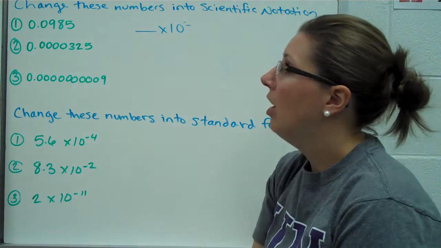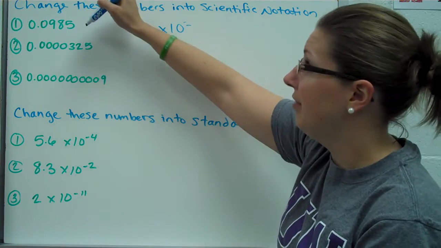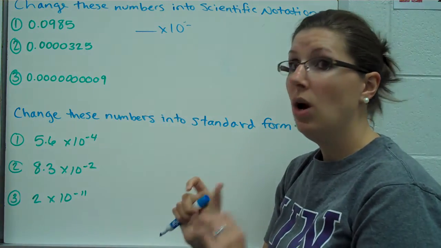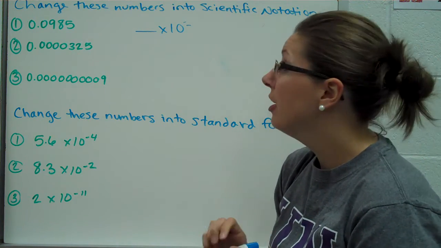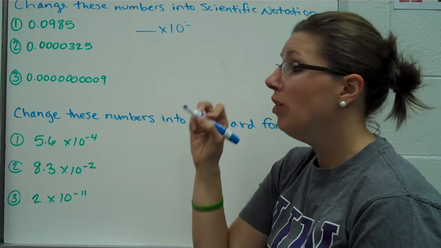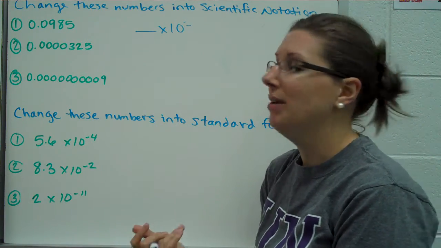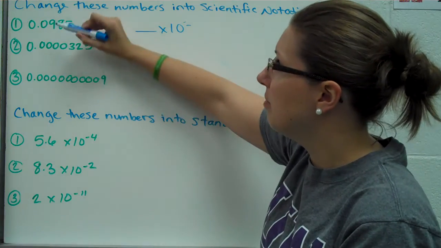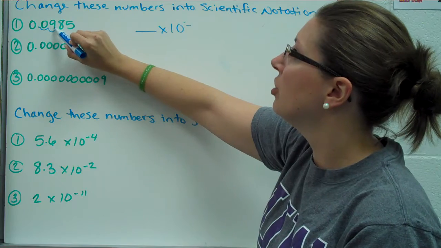Here, in our number here, we're going to try to create a new number out of these digits that's in between 1 and 10. Remember, I said it can be 1, but it cannot be 10. So I'm going to take the decimal, move it over, and that will give us a new number in scientific notation. So I'm starting here. As I move the decimal, I'm going to count. So that's going to be 1, 2.